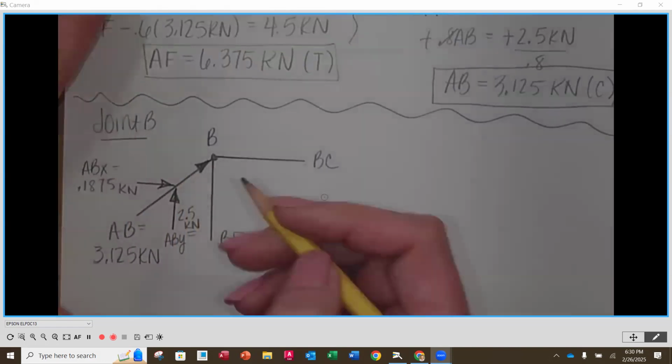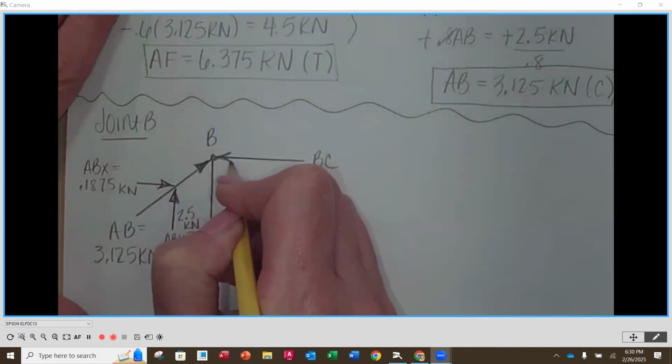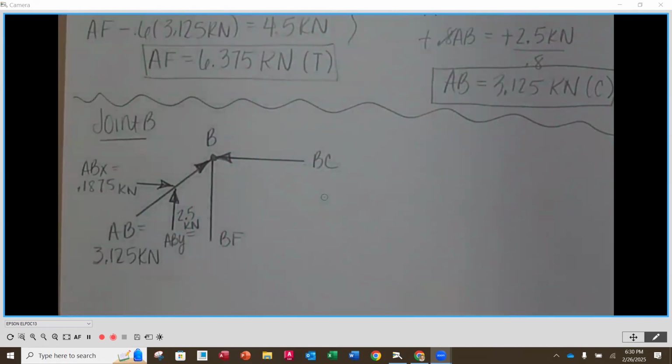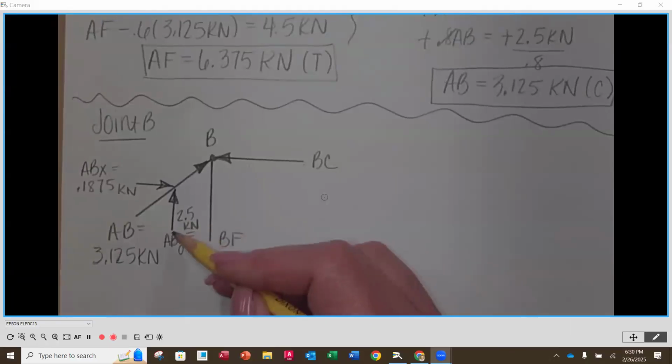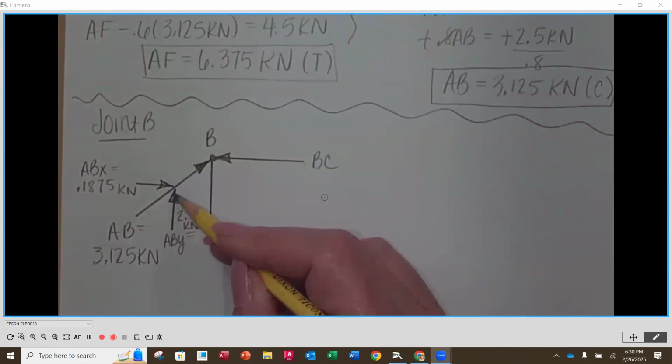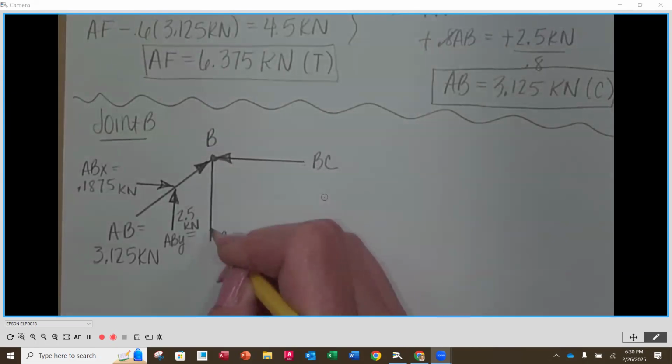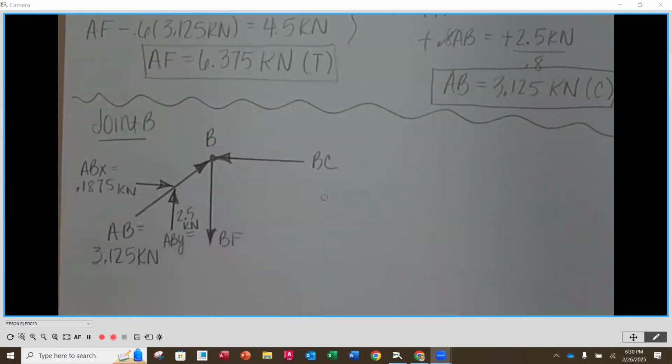So to keep this in equilibrium, it makes sense to show BC pointing towards the left, or pushing on B. The Y component of AB, which we calculated, is going up 2.5. So it makes sense that BF is going to pull down as well, to keep it in equilibrium. So we just need to solve for the forces BC and BF.